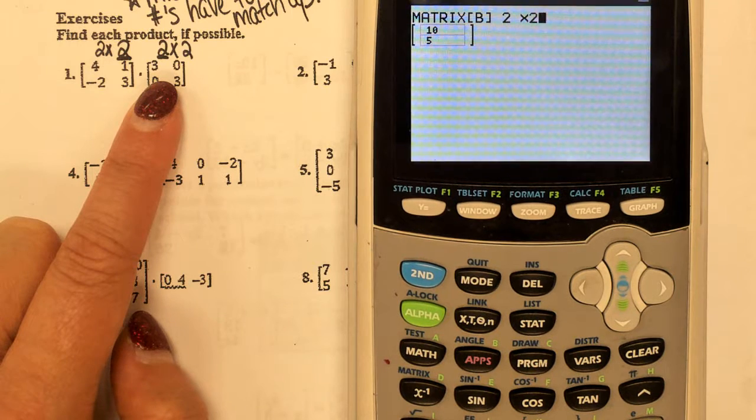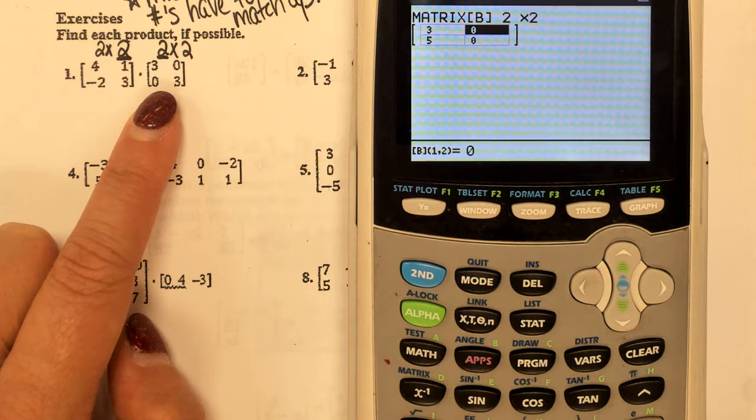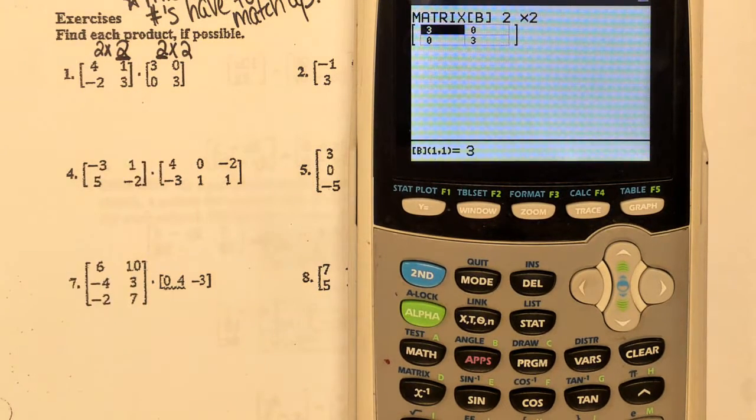So 2 enter, 2 enter. We're going to put those numbers in. Y'all okay so far? Y'all understand now why I have been stressing about getting a graphing calculator? Hopefully you will try to get one soon.